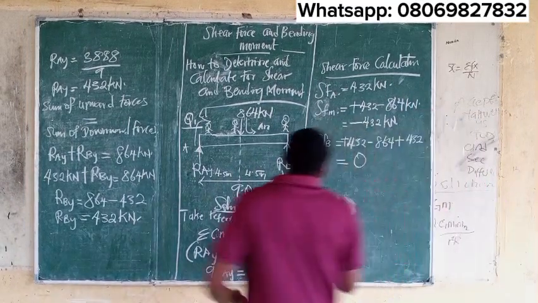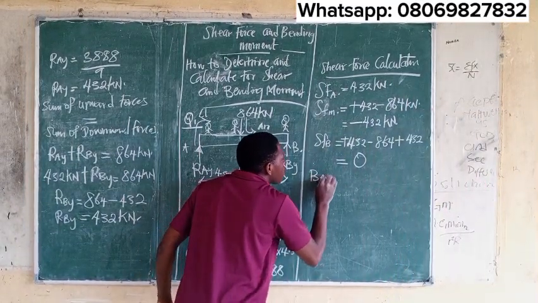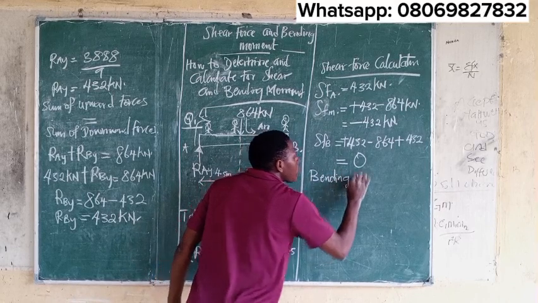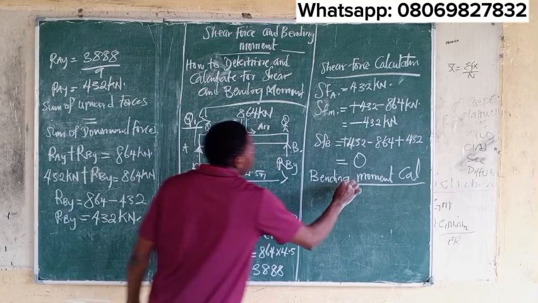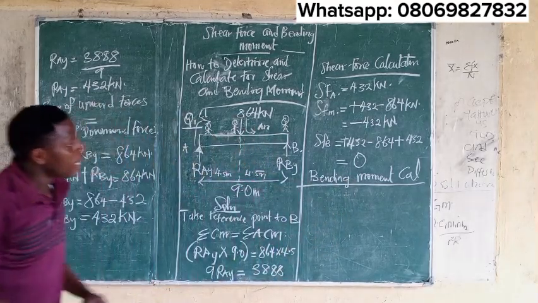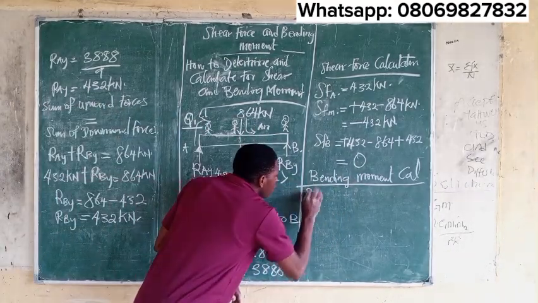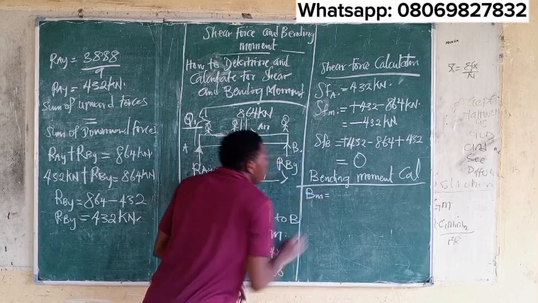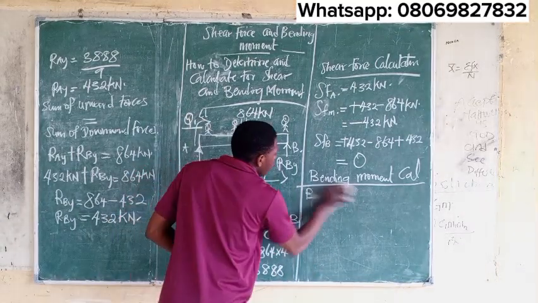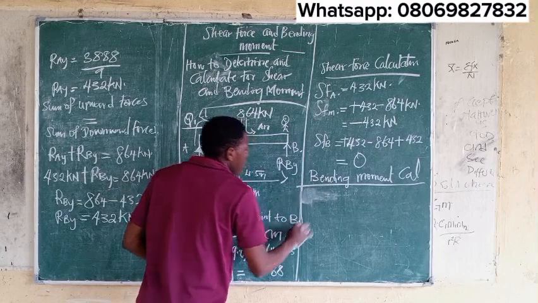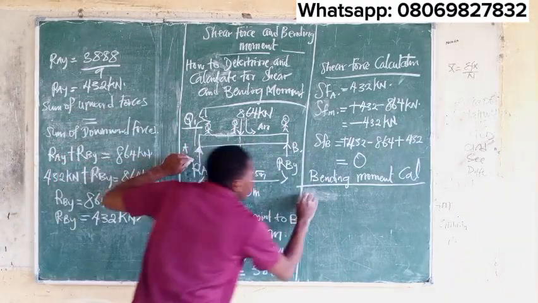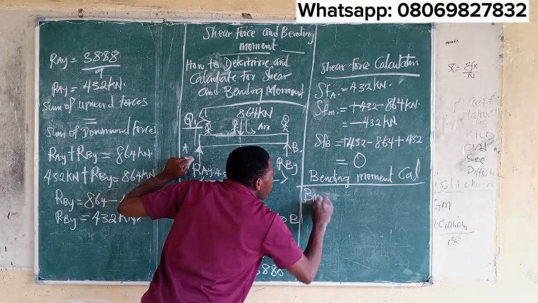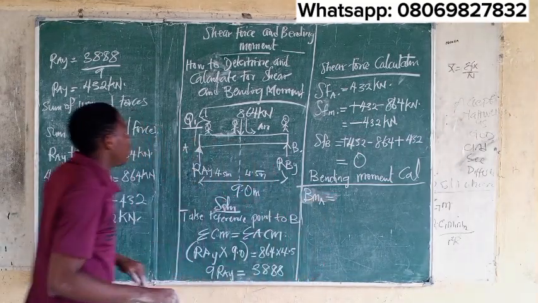Now, let's talk about our bending moment calculation. For your bending moment calculation, the first thing we are calculating is bending moment at point A. So for bending moment at point A is what?